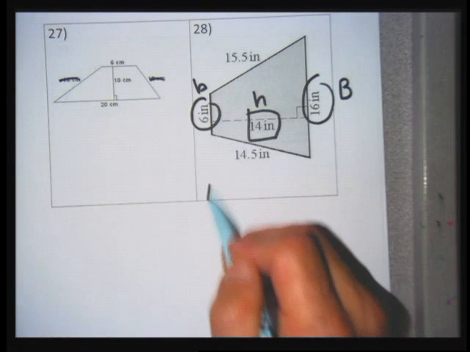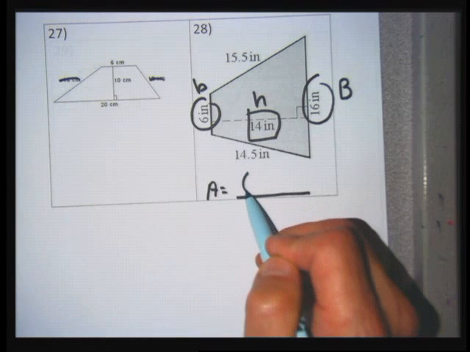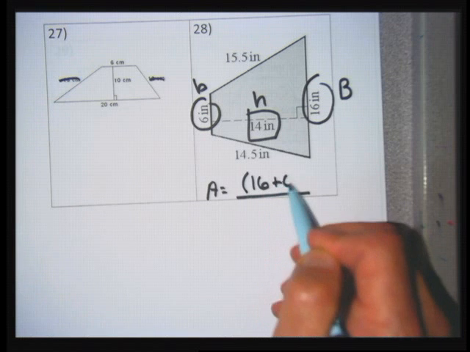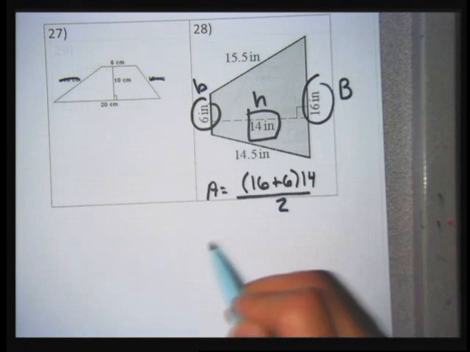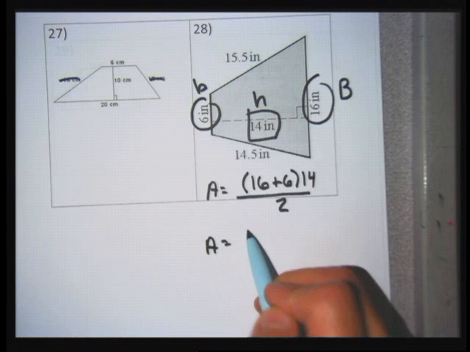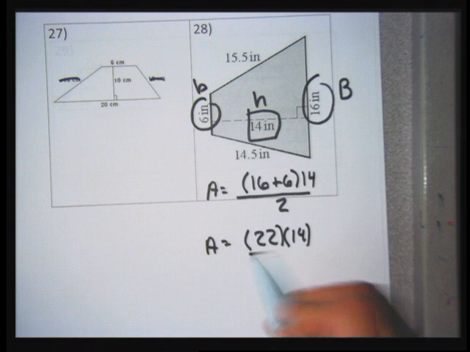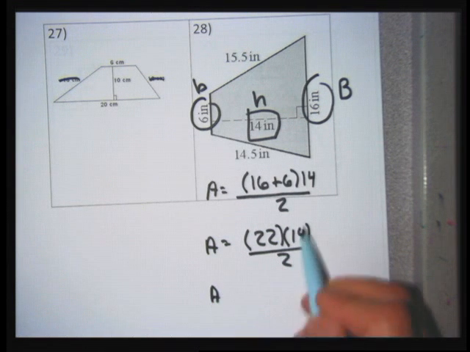So for me, area is going to be big B plus little b. So 16 inches plus 6 inches times the height over 2. So it's going to be 22 times 14 over 2. The 2 can cancel with the 14.